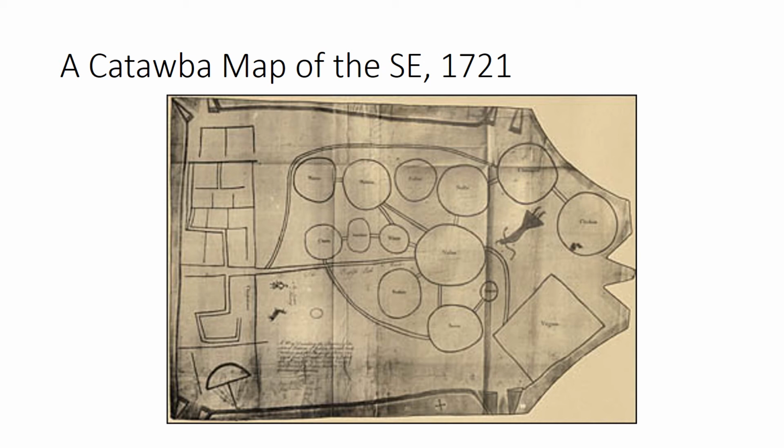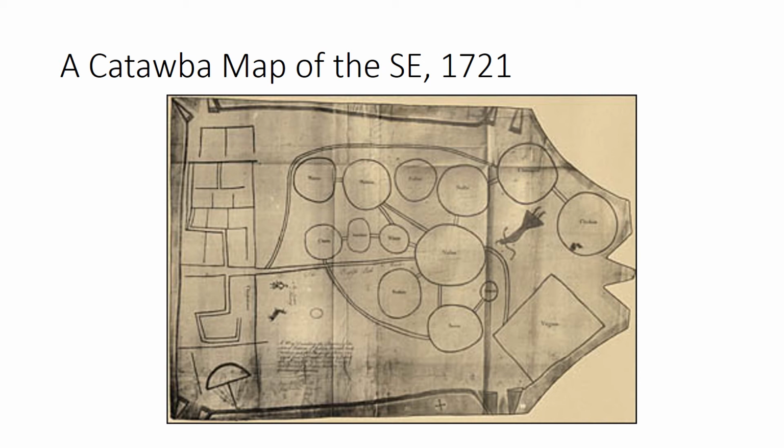And some of them are connected together and some of them are not. What this indicates is what tribes are there, which ones are allied with which other tribes, and which ones are not allied with other tribes and are therefore enemies of one another. That's what this map is. It is not a geographic, topographical map.